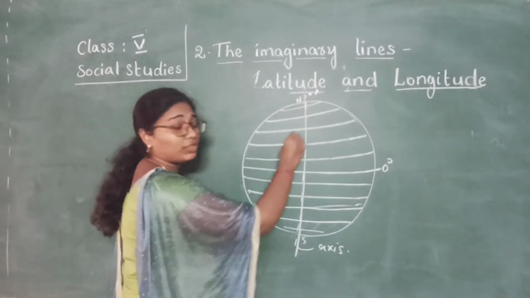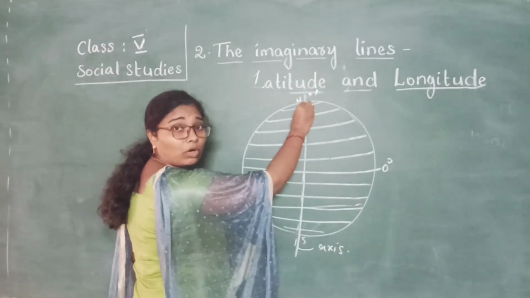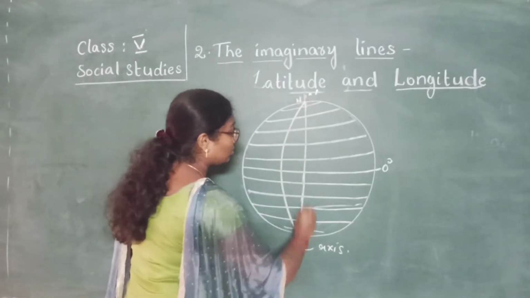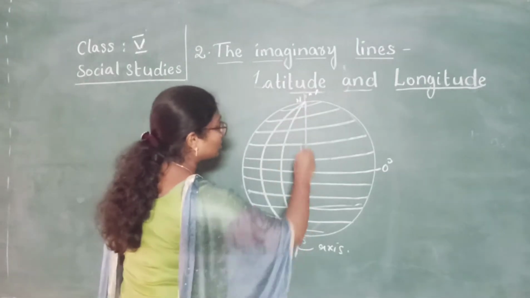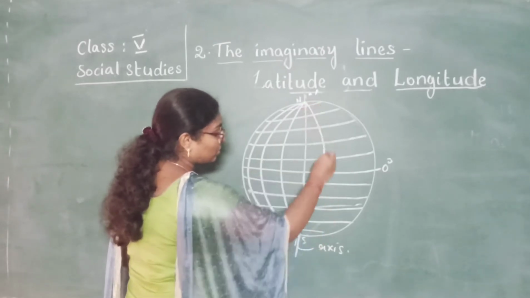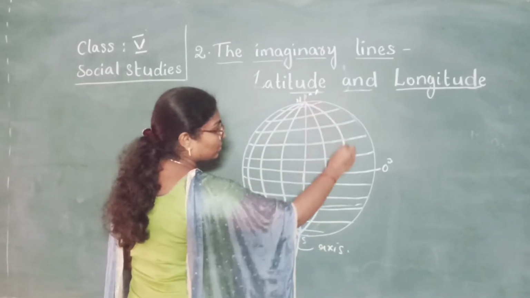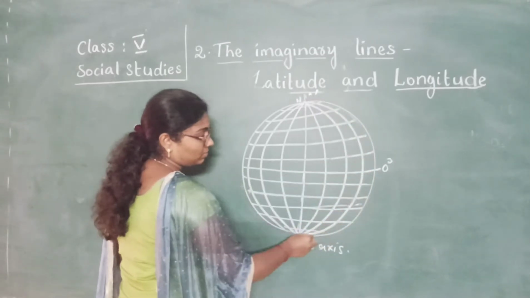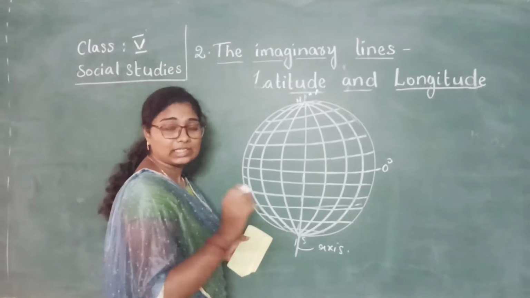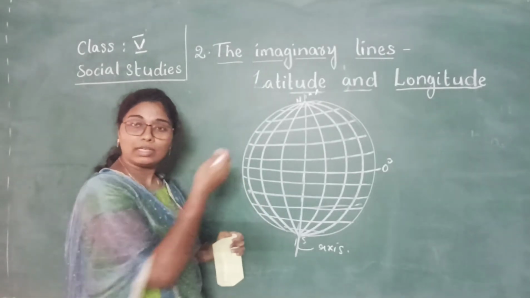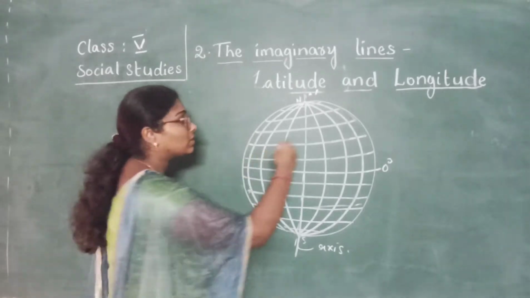Let's draw all the longitudes also, that run from north to south direction. Right? Let us give each and every line letters, and we'll give all the latitudes numbers.